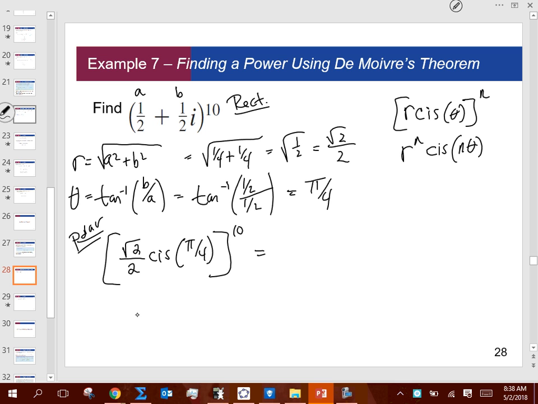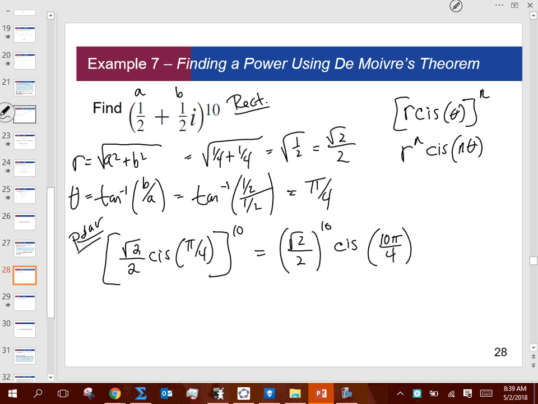So all I've got to do right here is take radical 2 over 2, raise that to the 10th power, which turns out to be kind of an ugly number, but whatever, it's all right. And then we go cis, and then pi over 4 times 10. Okay, so it becomes 10 pi over 4.